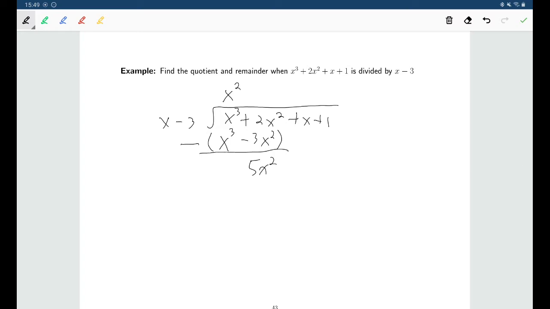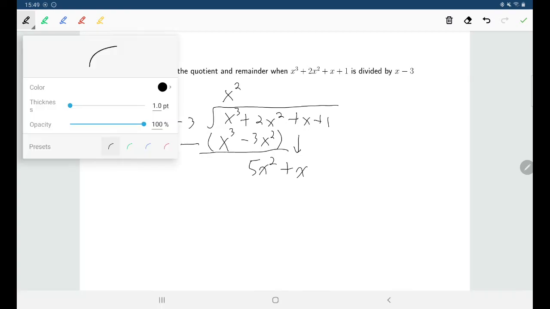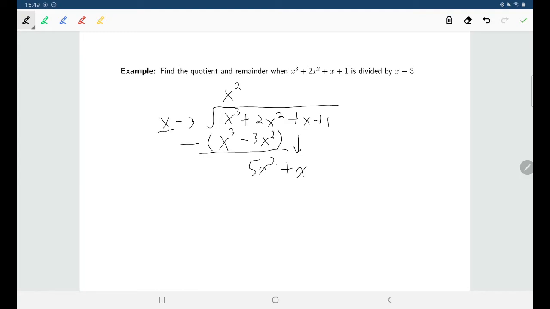We multiplied, we subtracted, and next thing that we do is bring down. We bring down the next term, and then repeat the process. So now we'll ask ourselves, how many times does x go into 5x squared? And x goes into 5x squared, it goes in 5x times.